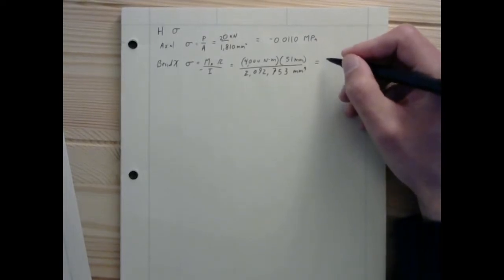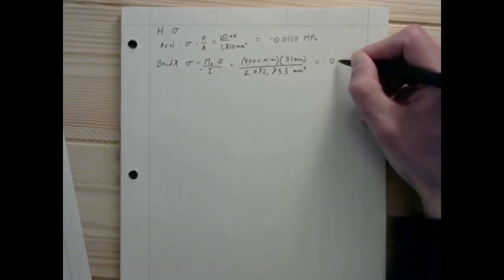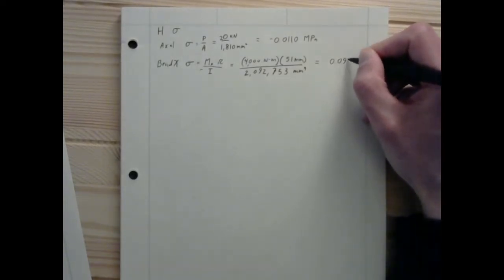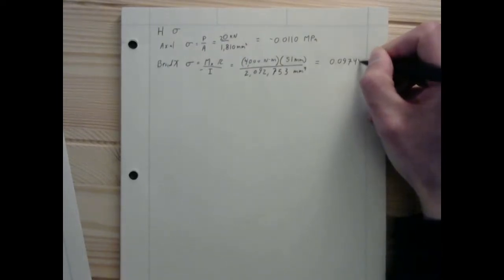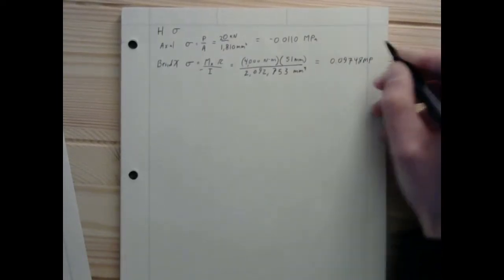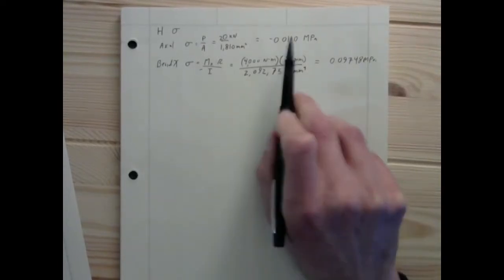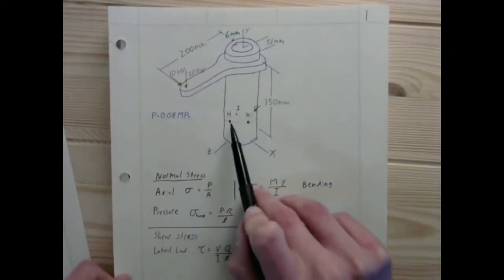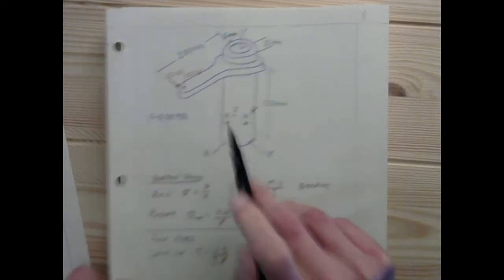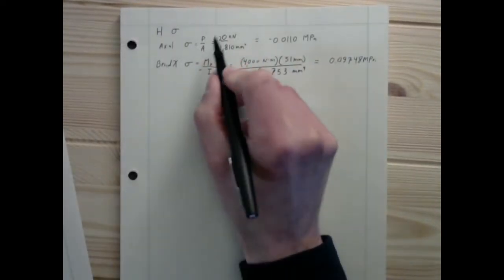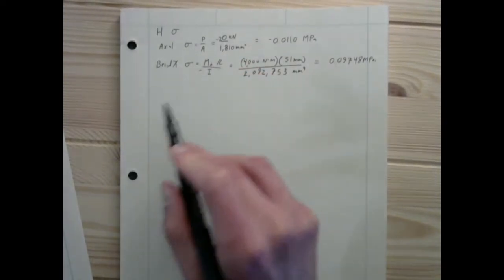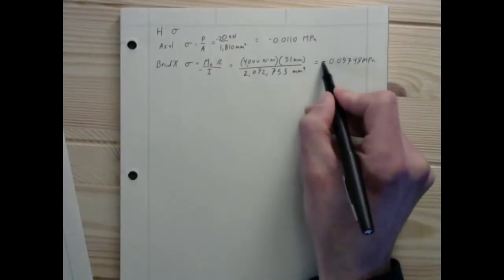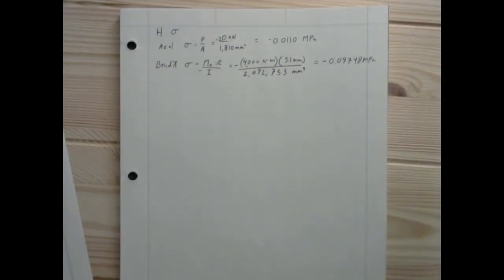And that's going to end up giving us 0.09748 megapascals. Now, both this and the moment due to it are going to cause compression at point H, right? In this case, it was just because we've got a compression load. In this case, it's about where we are. But we are ending up with compression from both of those.